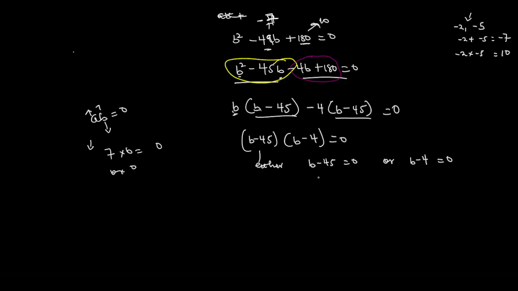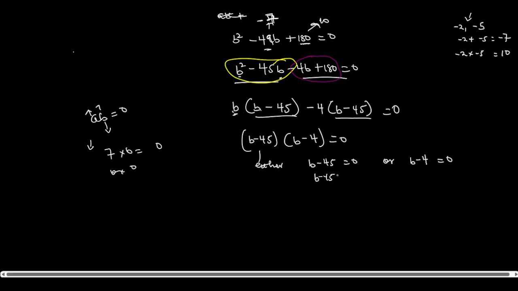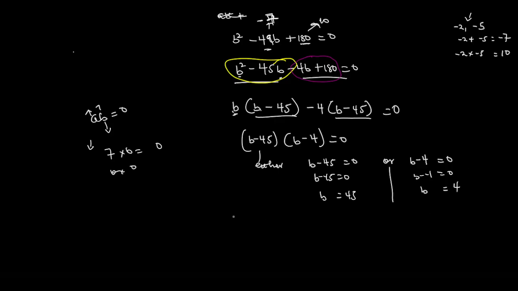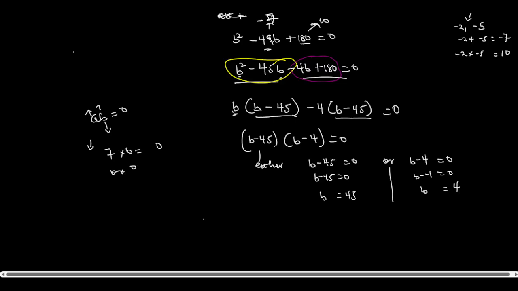Just a simple equation: b minus 45 is equal to 0. Therefore, b is equal to 45, right? And if b minus 4 is also equal to 0, then b should be 4, so it's 4 minus 4 is equal to 0, just like 45 minus 45 is equal to 0. So we have b is equal to 45 or 4, right?